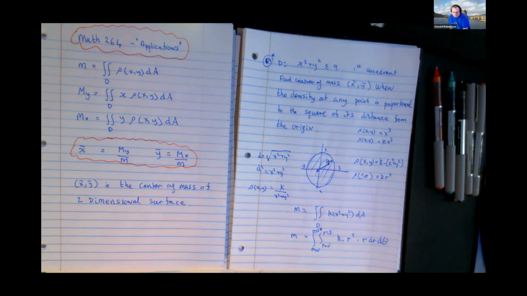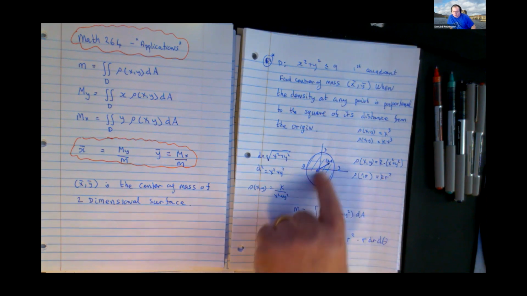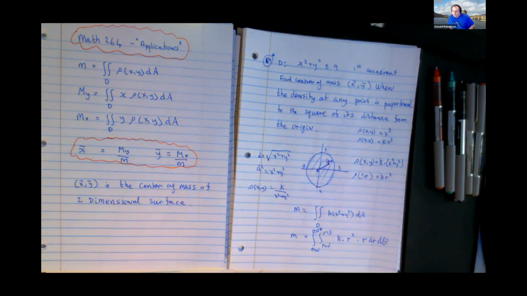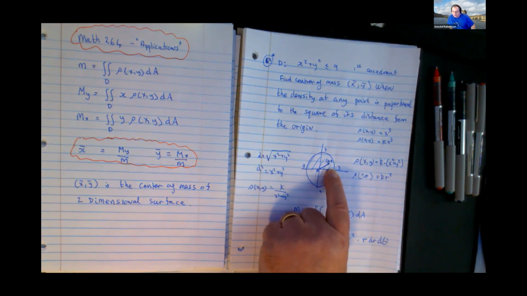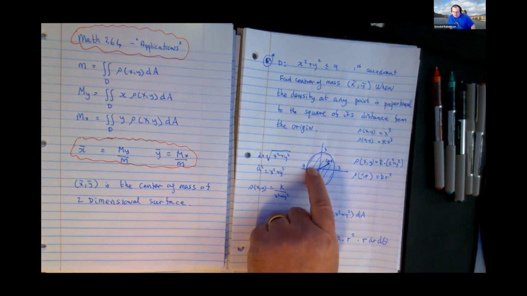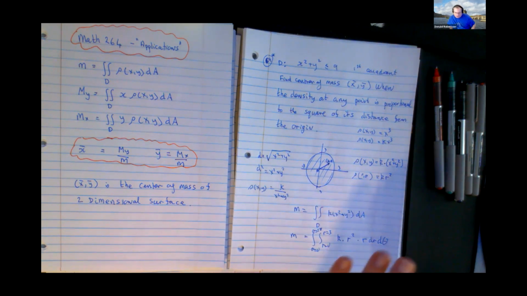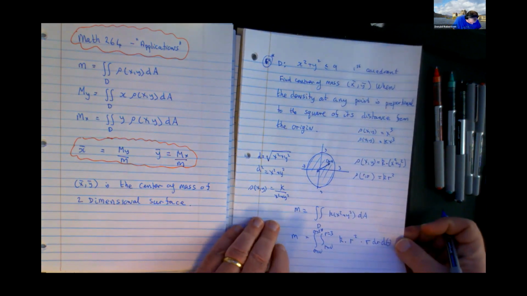Do you agree that's probably going to be a much easier integral to calculate than if I tried to do this integral using x's and y's? I mean, just think of what the limits would be. Negative 3 to 3 for the x's is okay, but wouldn't the y's be some ugly square root to some different ugly square root? That would be very messy, not pretty. So I wouldn't do it if I could avoid it.